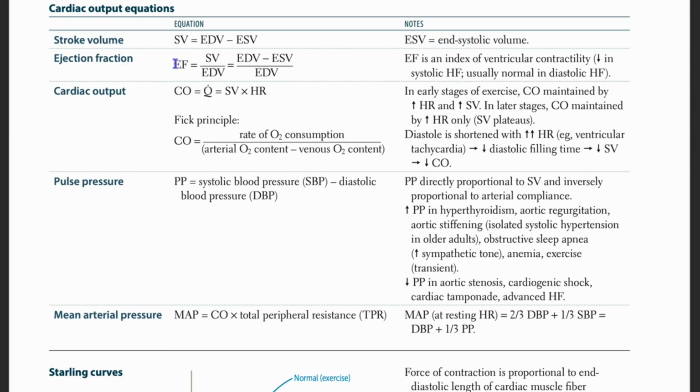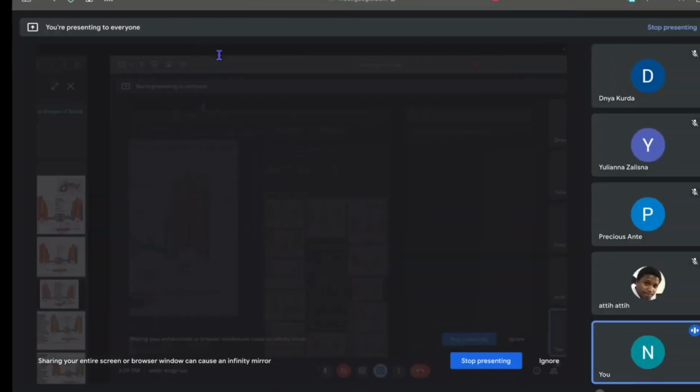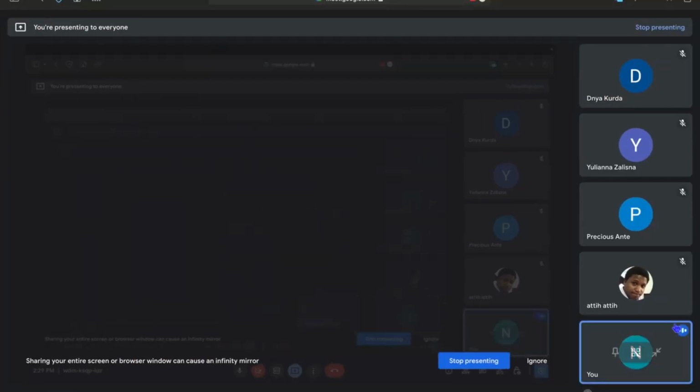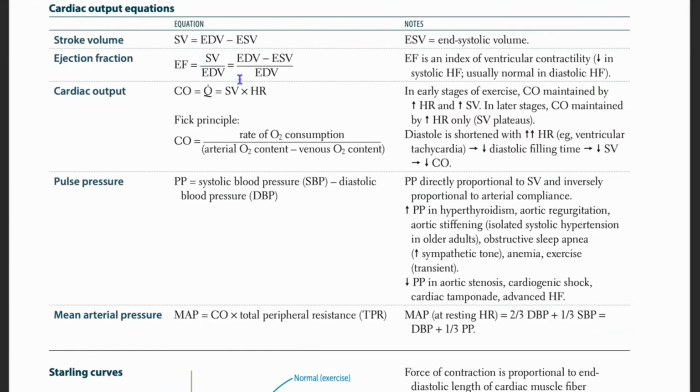Ejection fraction. Ejection fraction is stroke volume divided by end diastolic volume, which is equal to end diastolic volume minus end systolic volume, divided by, again, end diastolic volume.